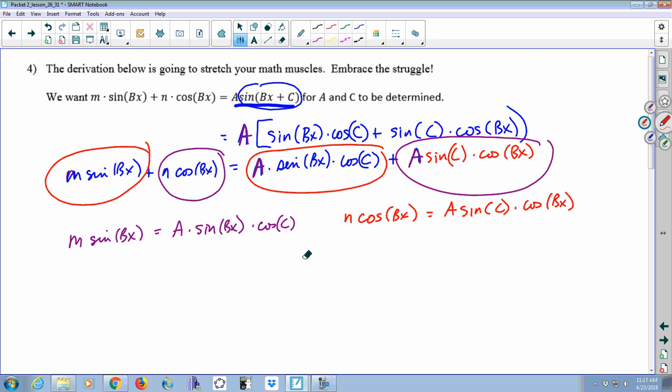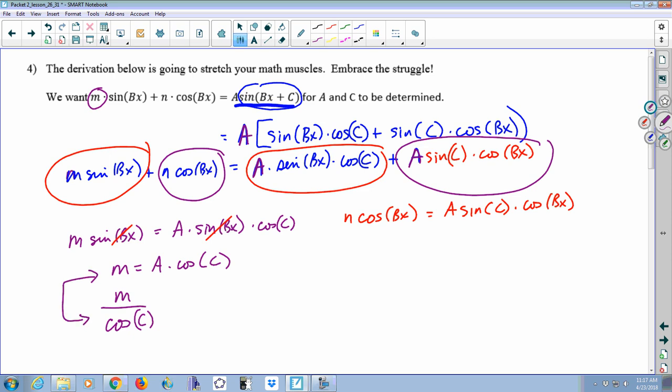So can you see right now that if I divide both sides by sine of bx, the sine of bx disappears to 1? Can we just knock that out of the equation right now? Okay, so we get m equals A times the cosine of some value C. So to solve for A, it's this coefficient up here, m, divided by the cosine of C. So we've got two variations here.